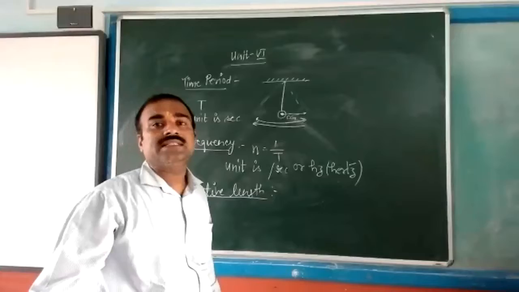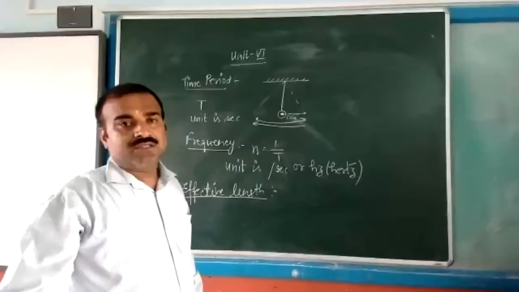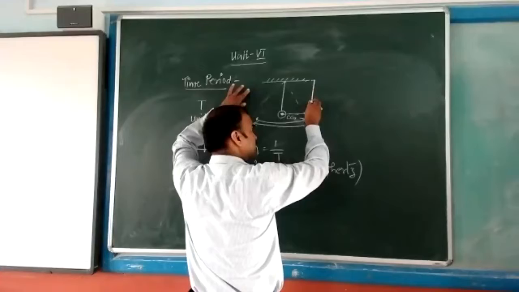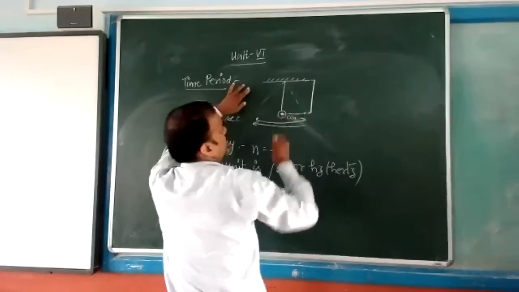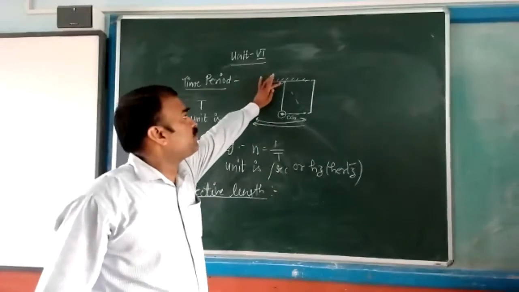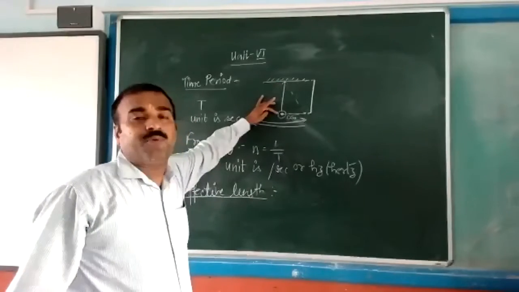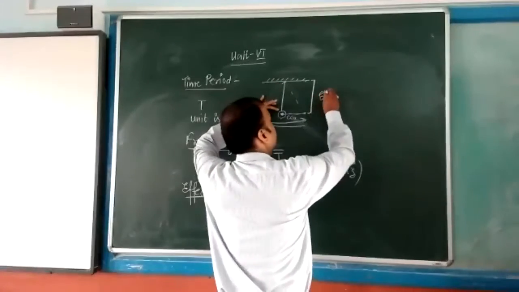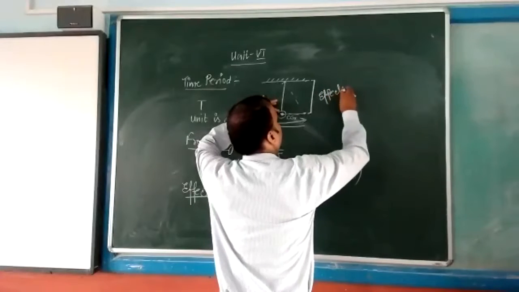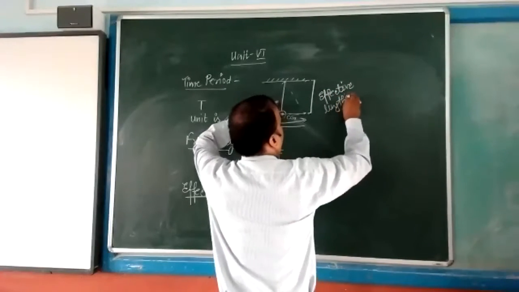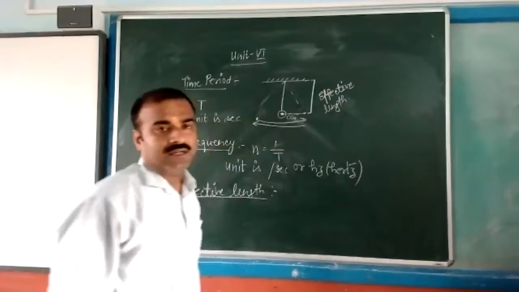CG stands for center of gravity of the ball. The distance between the suspension point and the midpoint, or center of gravity of the ball, is known as the effective length.